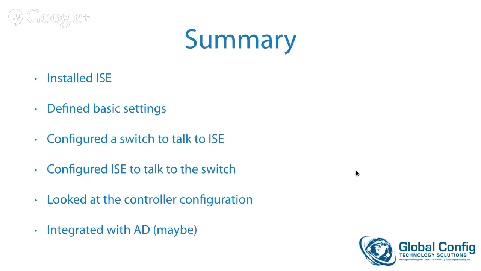We then go ahead and configure a switch to talk to ISE. We configure a controller perhaps to talk to ISE. We configure ISE to talk to the switch and the controller if we've added that. And then we integrate with Active Directory so that we have an external database that we can authenticate our users with. So that's basic settings.